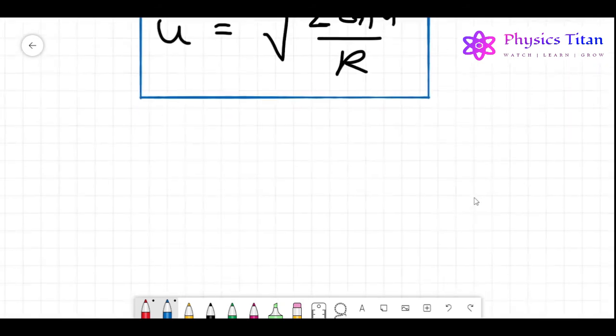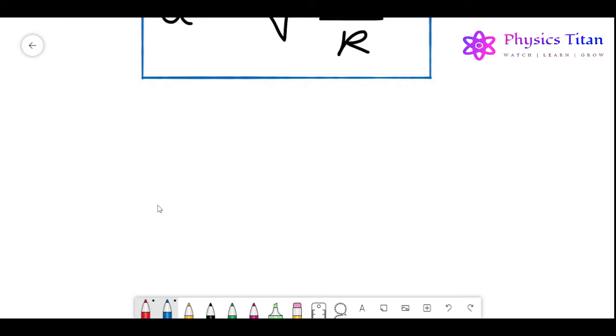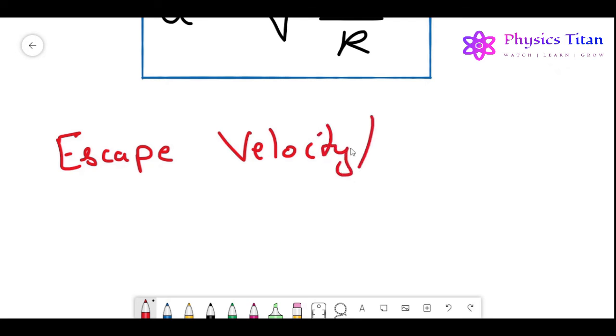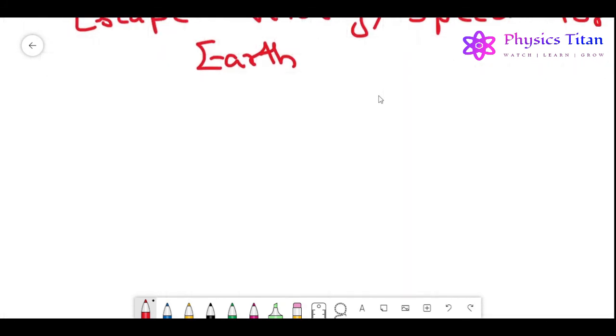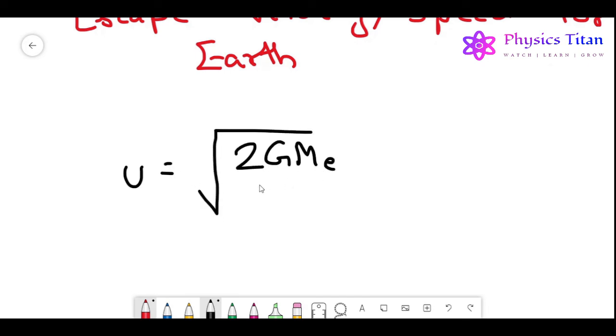Okay, now let us calculate the escape speed or escape velocity for Earth. So in the case of Earth, u equals under root 2g mass of Earth upon radius of Earth.